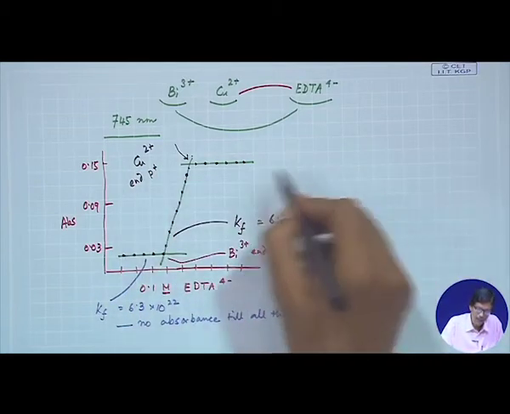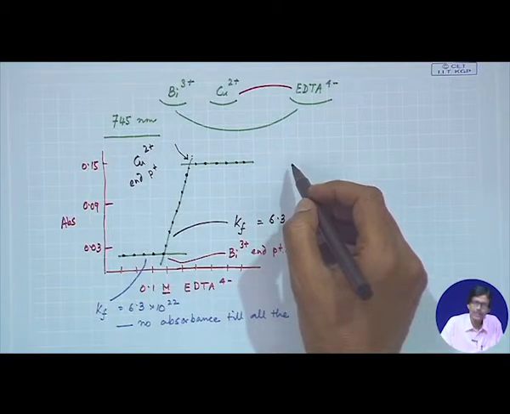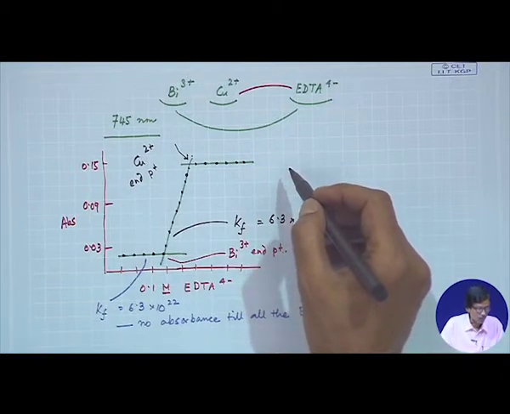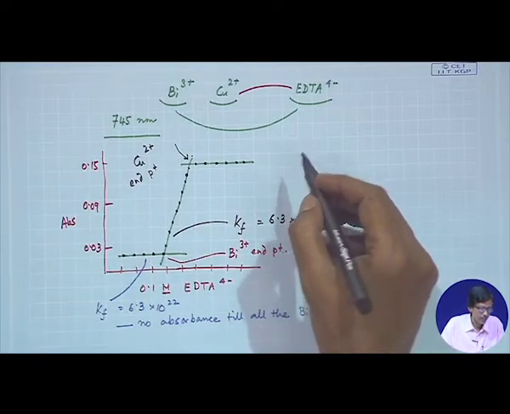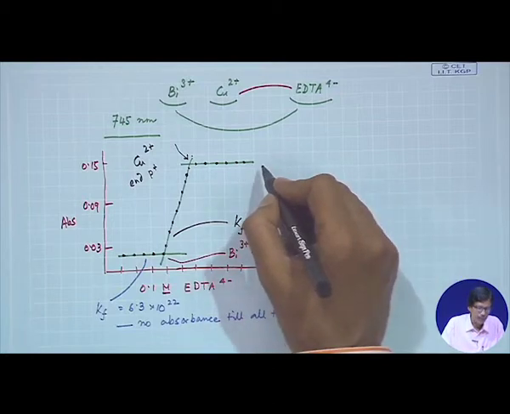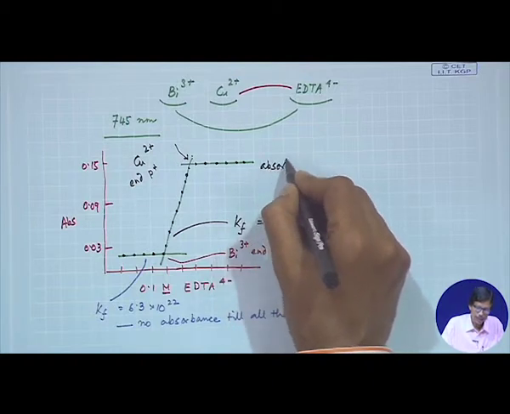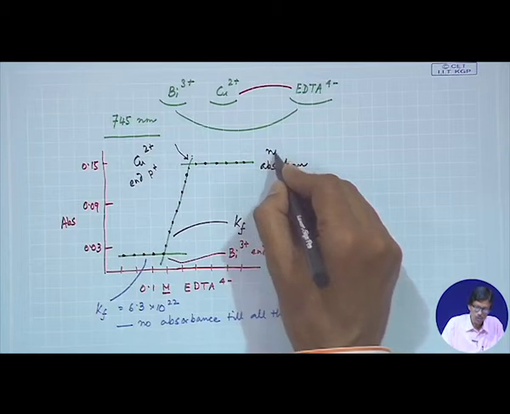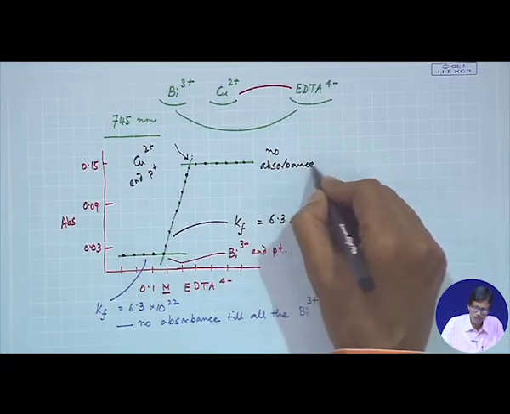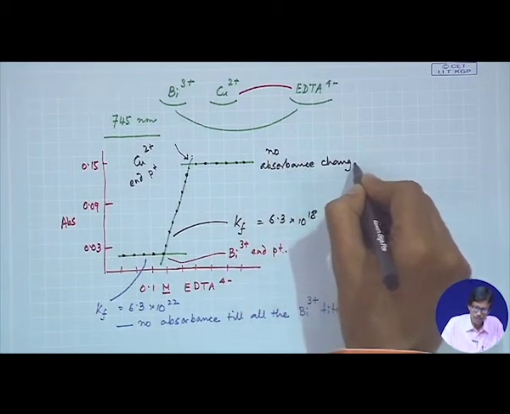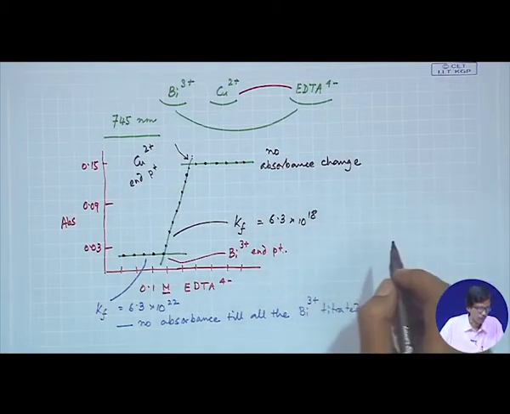And after that, if we add more and more of this reagent, the tetrasodium salt or the disodium salt of EDTA, further addition will not cause any absorbance change. So, no absorbance change beyond this point.